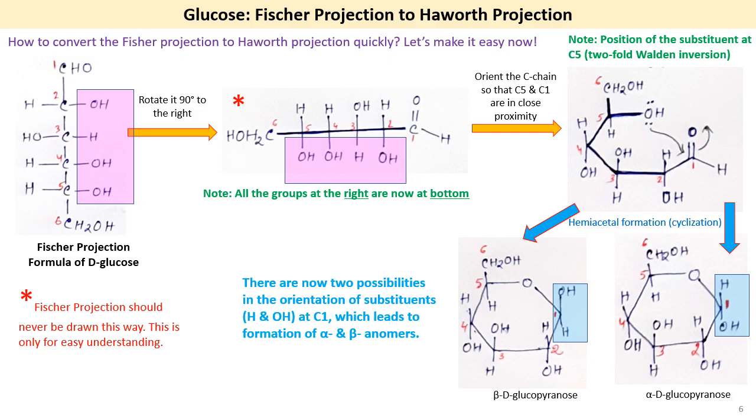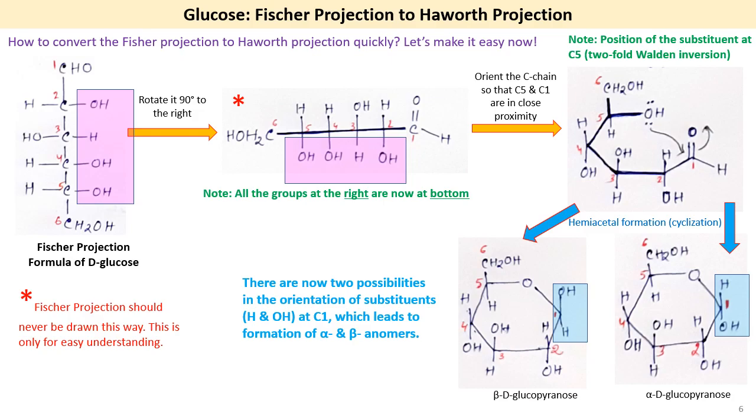Or more precisely, you should be looking at the 2, 3 and 4 carbon atom, OH, H, OH, all are in bottom in this structure, and in the Haworth structure, Haworth projection formula as well, in C2, C3, C4, OH, H and OH are at the bottom. So the only difference is happening at the C1 carbon atom because two anomers are now forming, alpha and beta. So what is the key point?